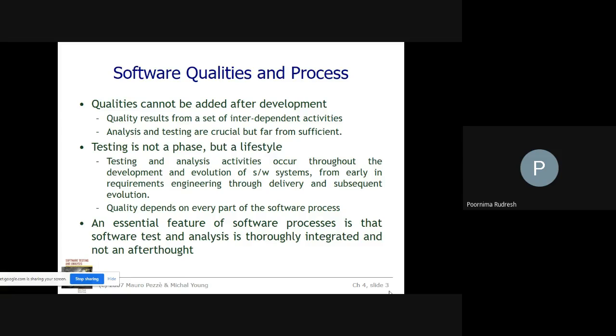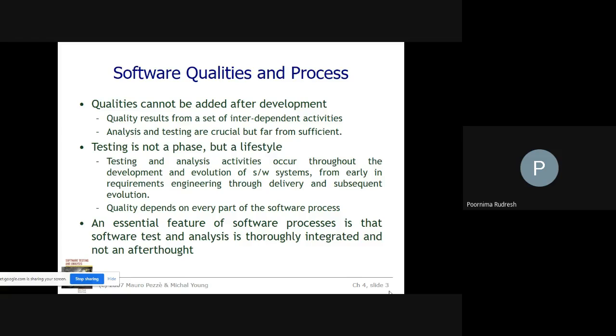The essential feature of the software process is that software test and analysis is thoroughly integrated and not an afterthought. Means we have to perform the testing and analysis, and we have to assure the software quality throughout the system development, and it should be thoroughly integrated, and not after the system or the software is developed.